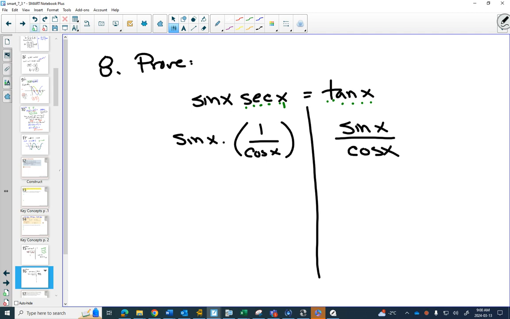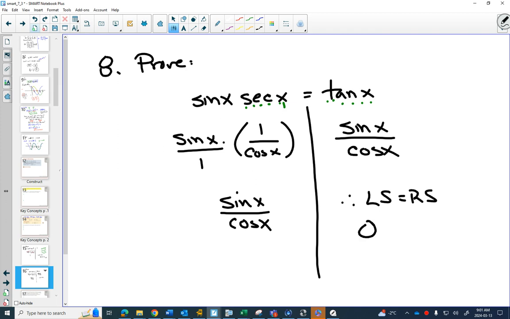And once you change it to sine and cos, this side is a single fraction. This side is 2 fractions multiplied by each other. How do I multiply fractions? I multiply the tops. I multiply the bottoms. And now the sides are identical.